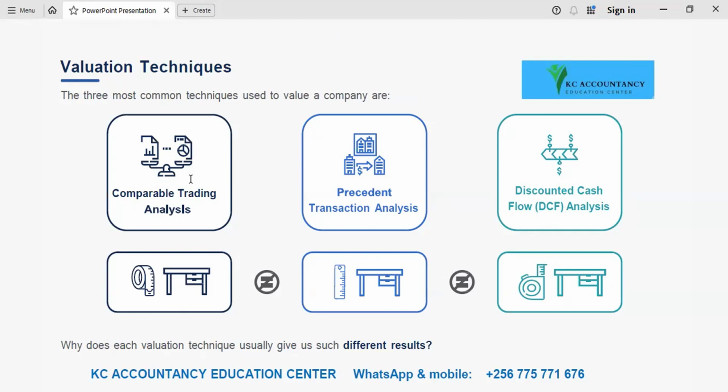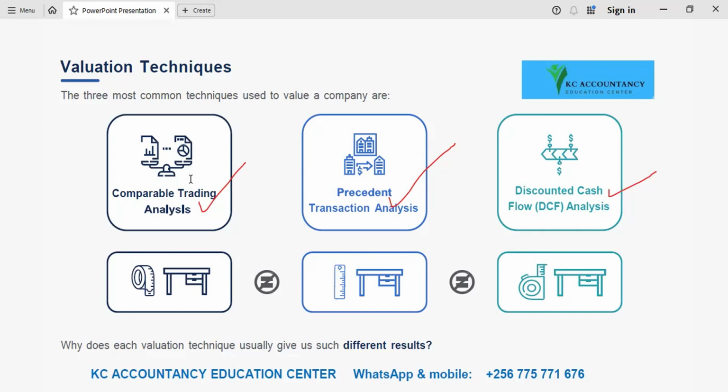The second one is the precedent transaction analysis. And then the third one is what we call the discounted cash flow technique, or the DCF analysis.